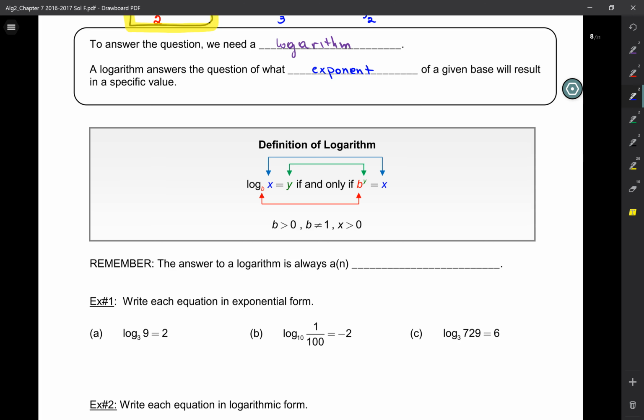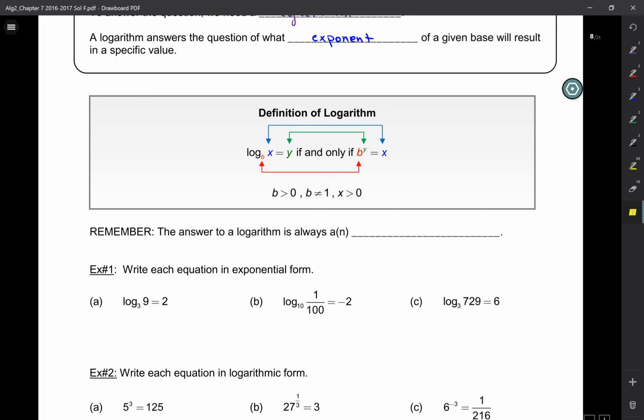Okay, a logarithm is an exponent. All right, so here is the official definition of a logarithm. It says, if I have log base b of x equal to y, remember, this is the base and this is the exponent, right?